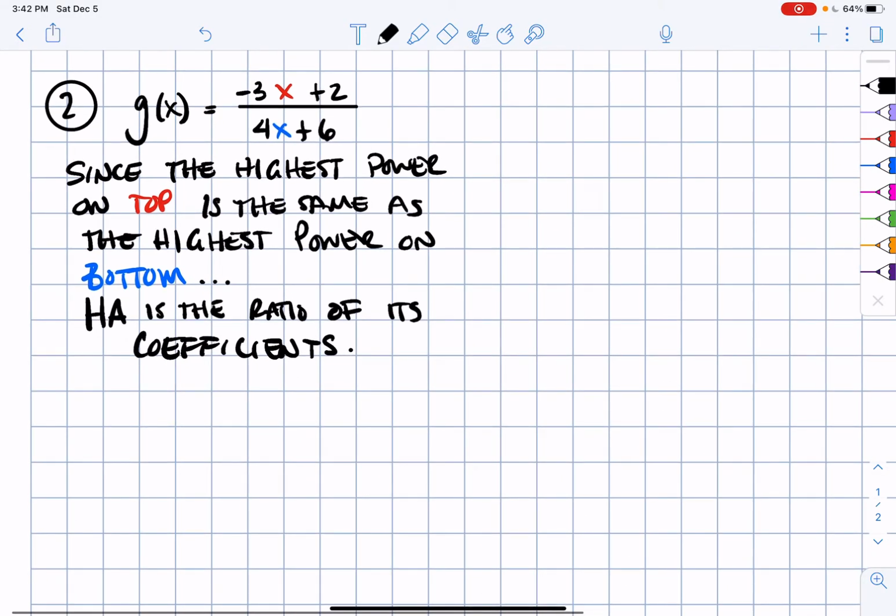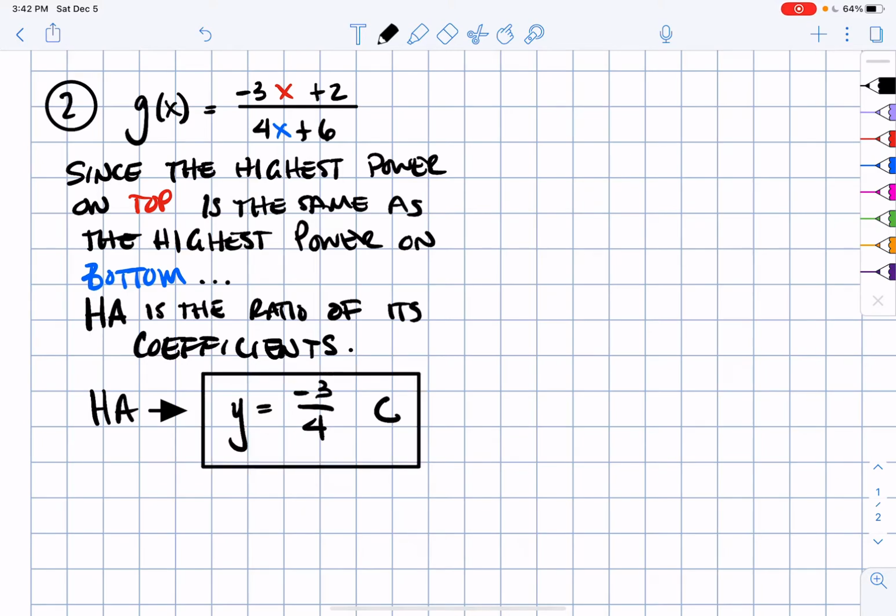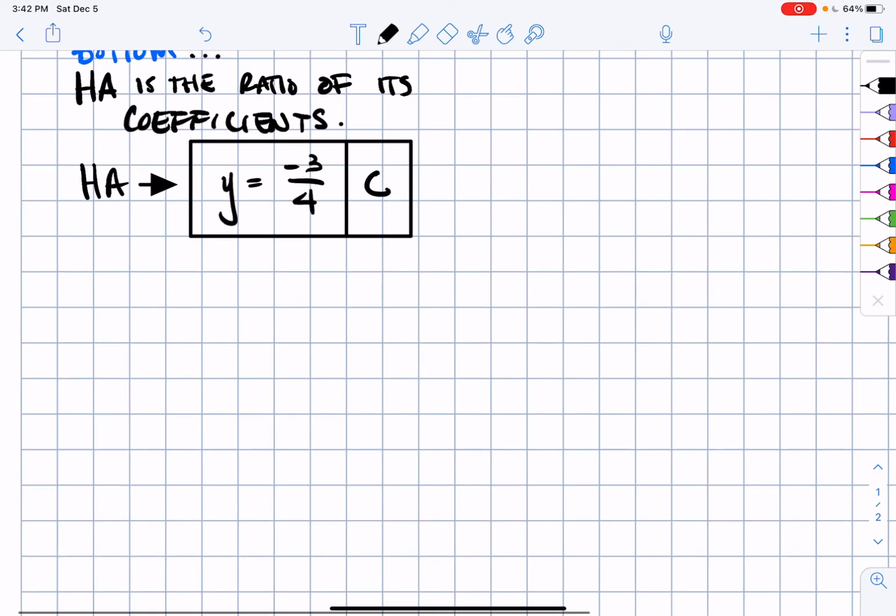So that means the horizontal asymptote is going to be y is equal to negative 3 over 4, which is choice C. There we go.